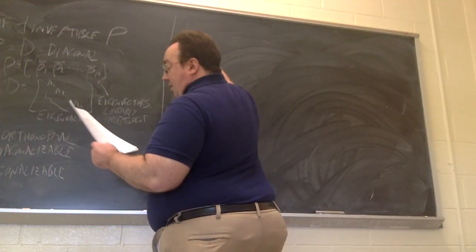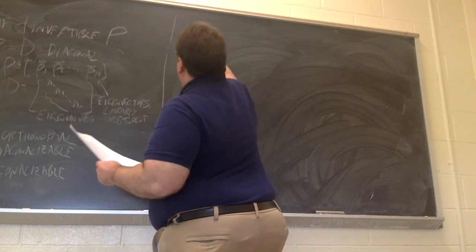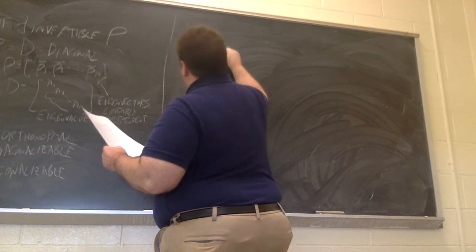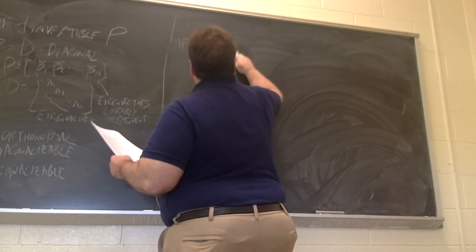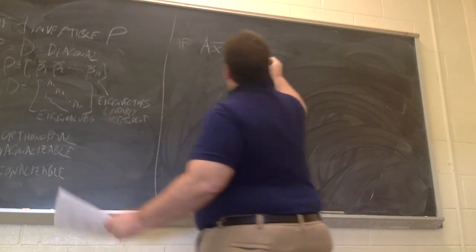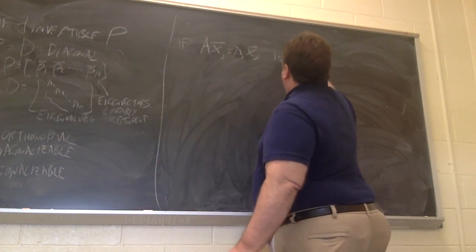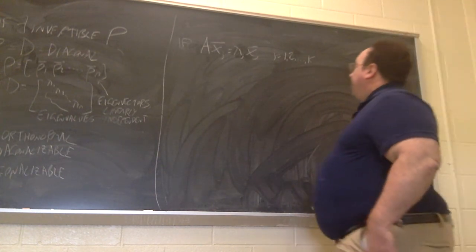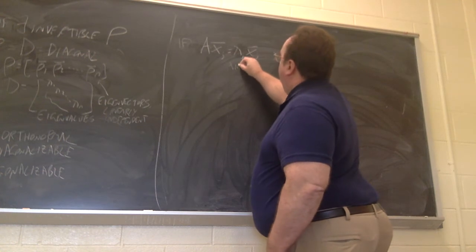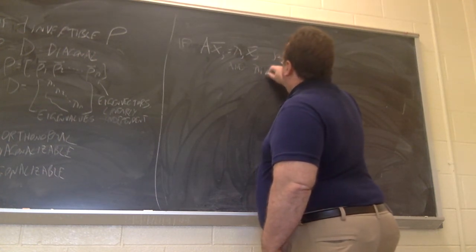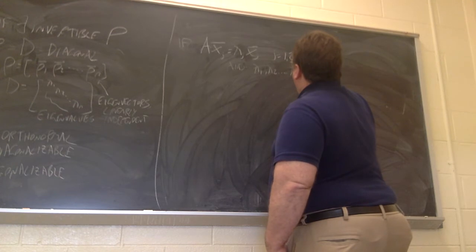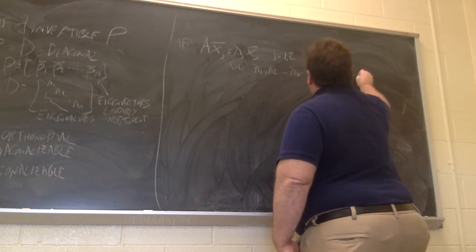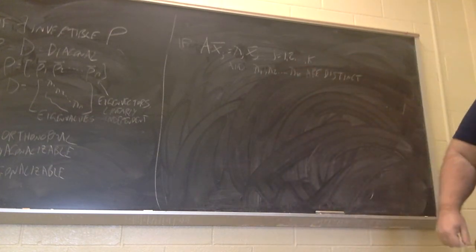One thing we can say is, suppose we have a set of K eigenvectors, K eigenvalues, so K eigenpairs, and all of the eigenvalues are distinct, so no two of them are equal to each other.